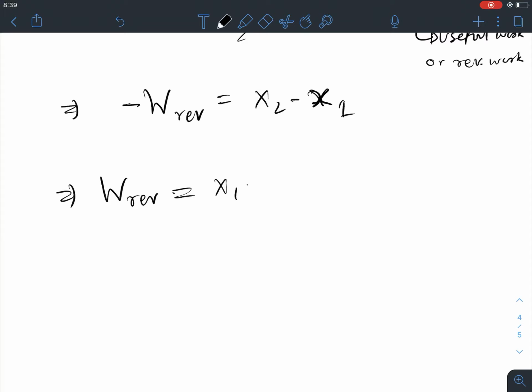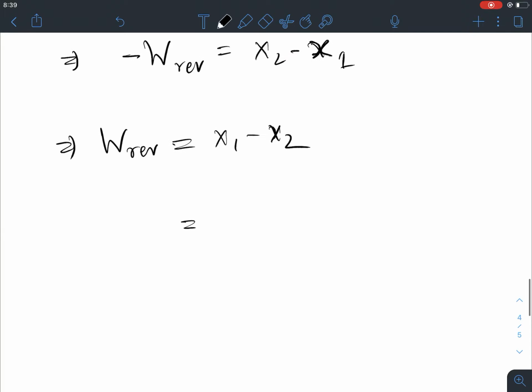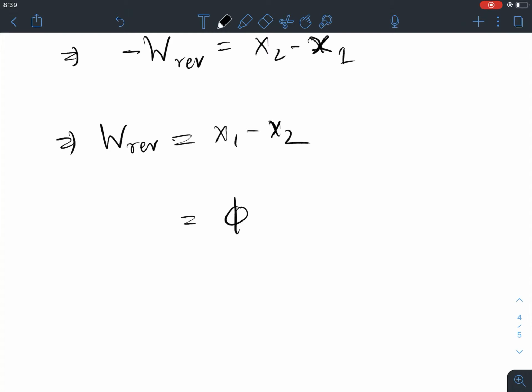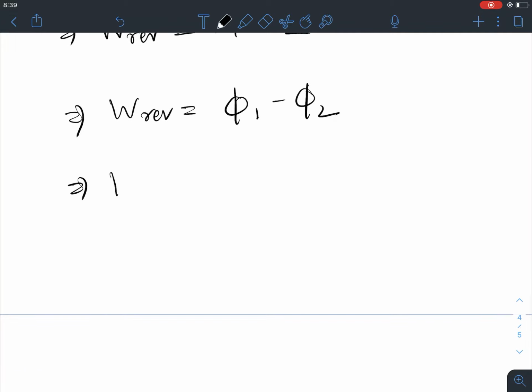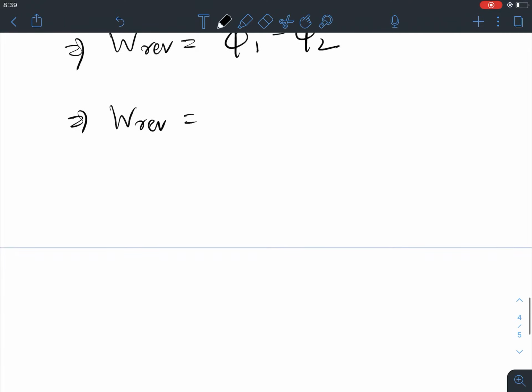So W reversible equals x1 minus x2, and we know that this relationship equals phi 1 minus phi 2 for W reversible, right?